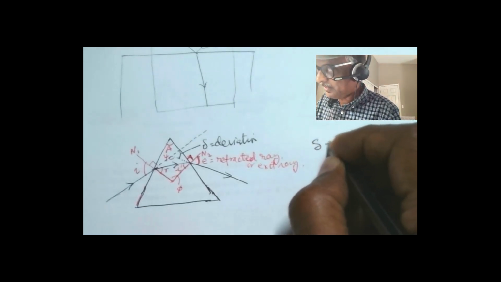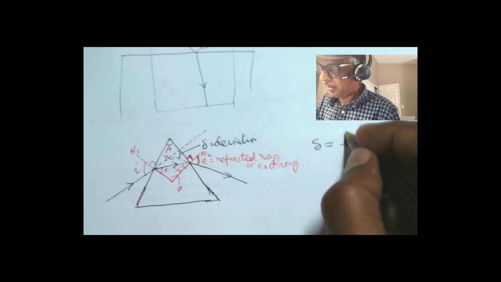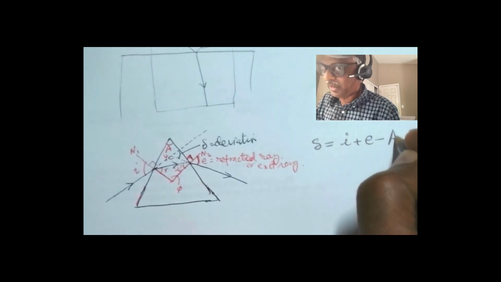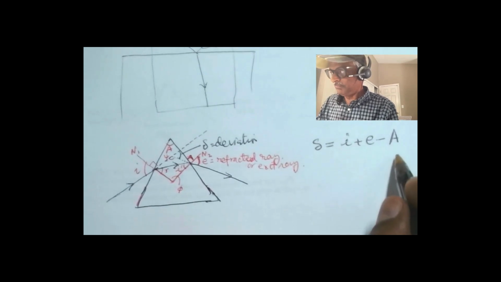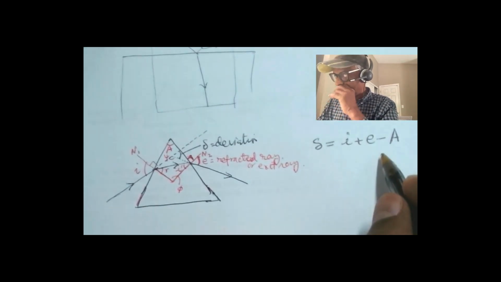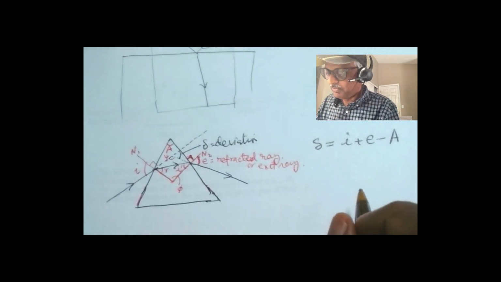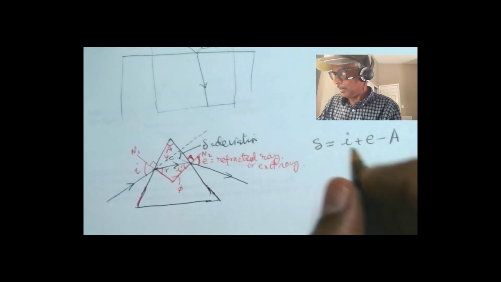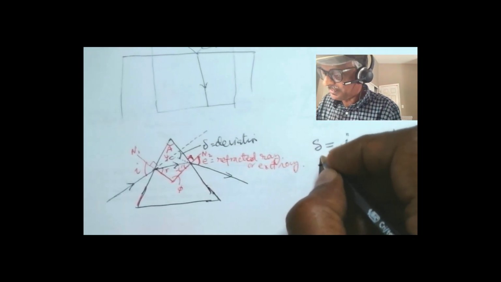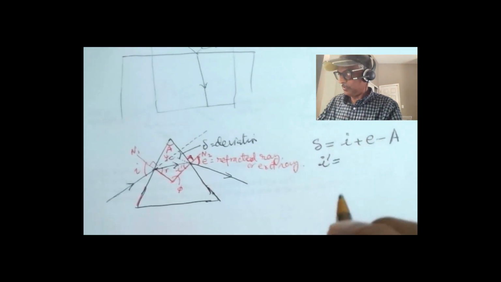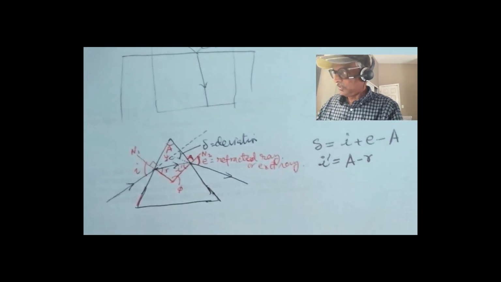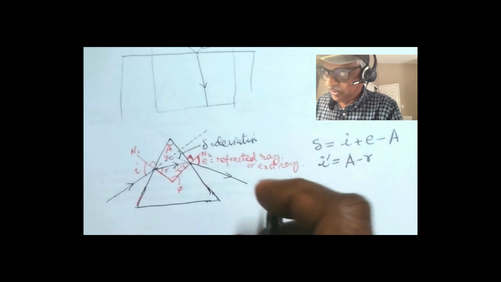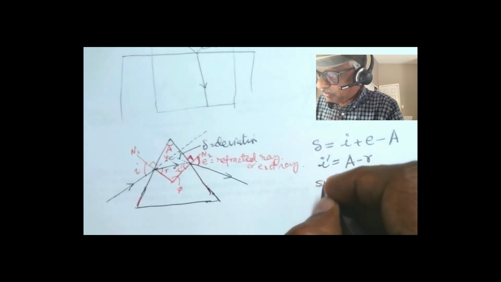So delta is simply going to be I plus E minus A. You can memorize it, or I think memorizing some formulas works. So this is A minus R. I actually worked it out, and it sometimes takes me time to work it out.